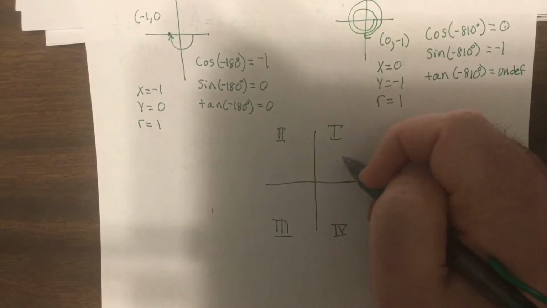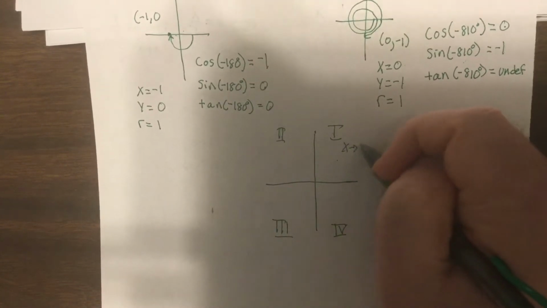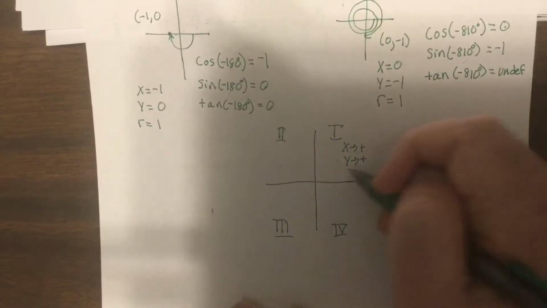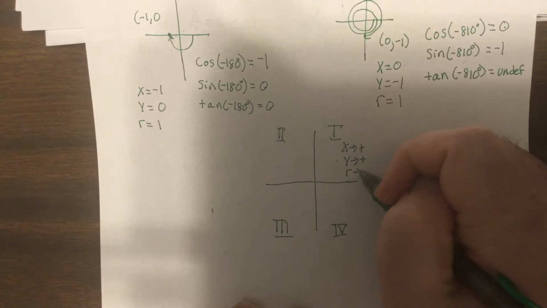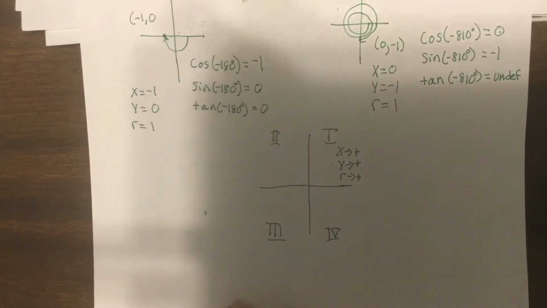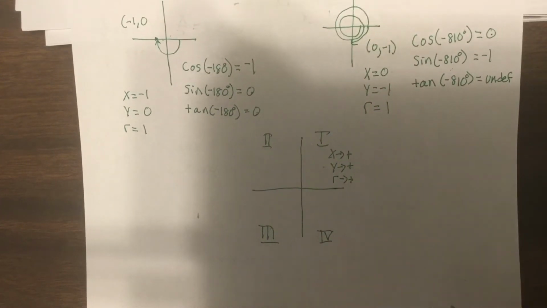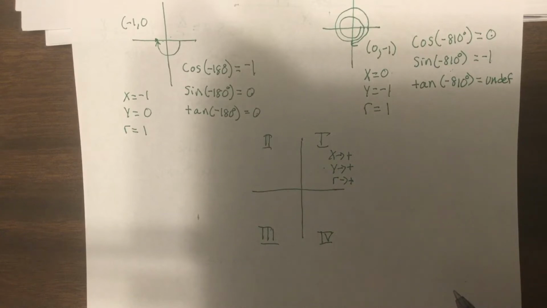First quadrant, x is positive, y is positive. And r is always positive, and it's never 0. So that's why sine and cosine are never undefined, because they're divided by r. If r isn't 0, it cannot be undefined.